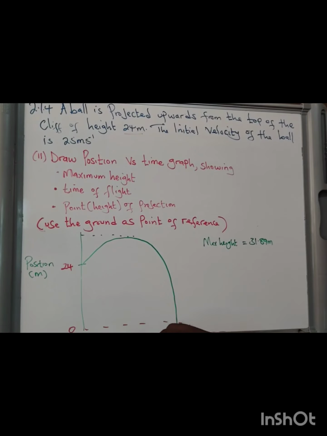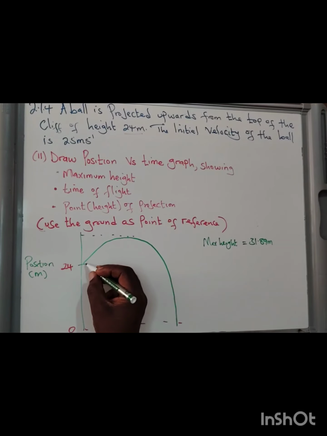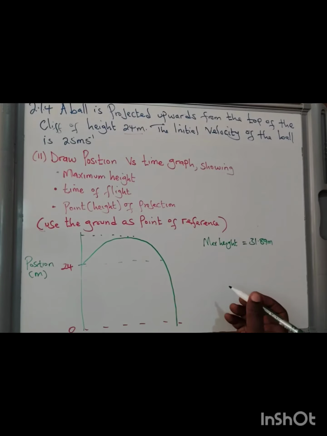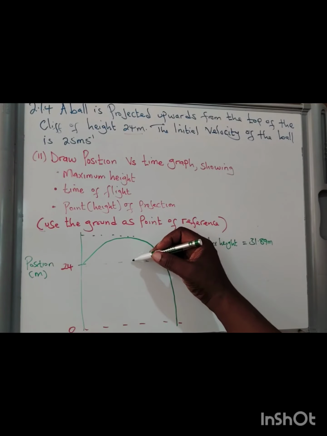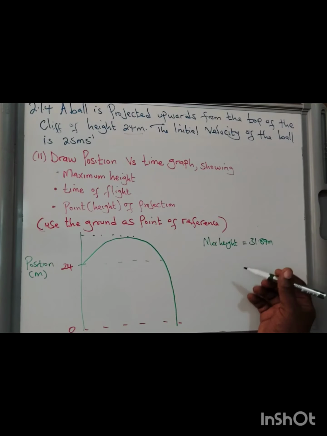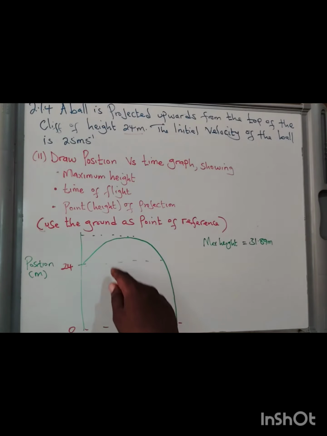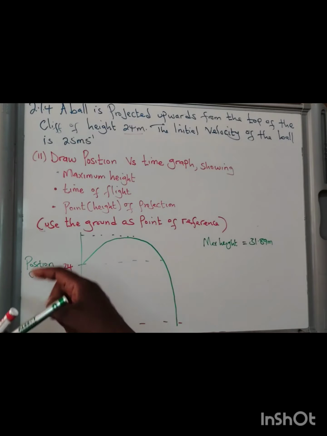Remember, it was calculated from the point of projection. So in other words, the distance between here and here is 31.89. So if this one is 24 and this is 31.89, what is this point going to be?